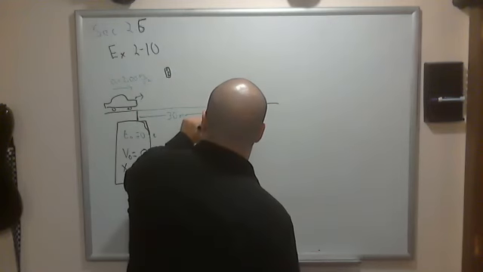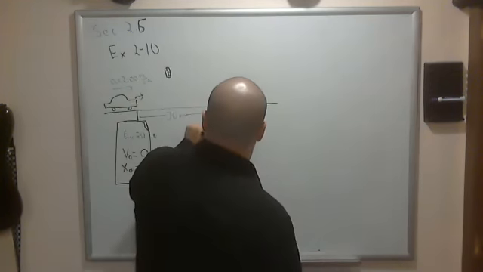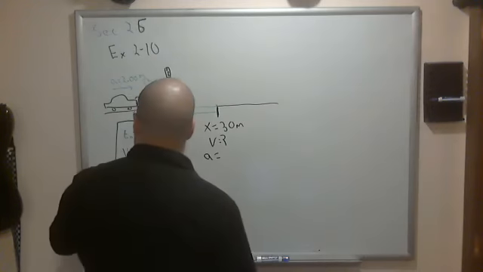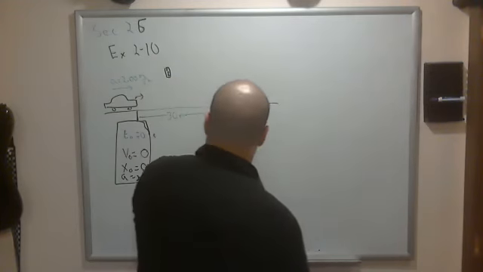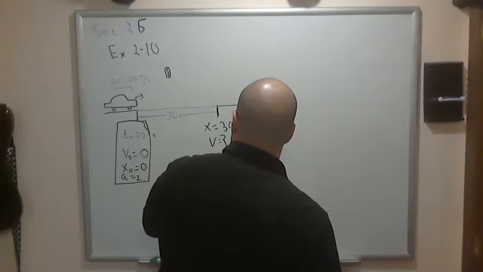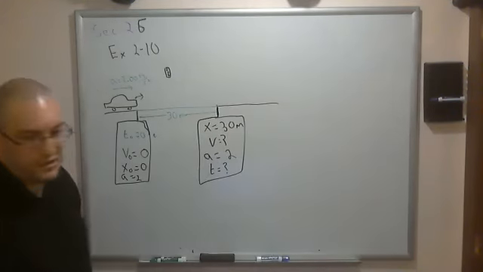At this distance, we have x equal to 30 meters. We don't know v. The acceleration is constant. And the time is unknown, right? So we're just analyzing the problem.